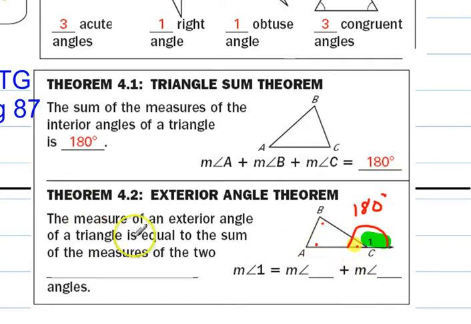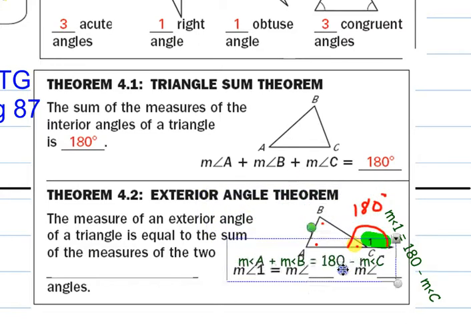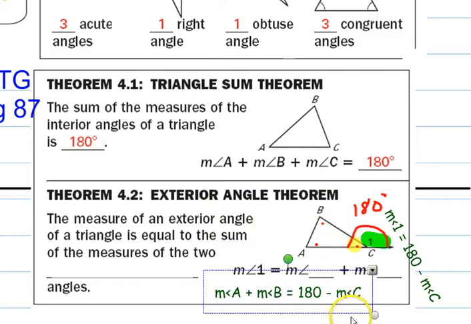So that produces a relationship between A, B, and the exterior angle that doesn't include them, which means they are both equal to the difference between 180 and C. Since the interior angle C and the exterior angle 1 are supplementary, a linear pair, adjacent and adding up to 180, a way you can calculate the measure of angle 1 is 180 minus the measure of angle C. But also, A plus B plus C adds up to 180. So if I want to figure out the sum of A and B, I do the same thing: the measure of A plus B is equal to 180 minus C.